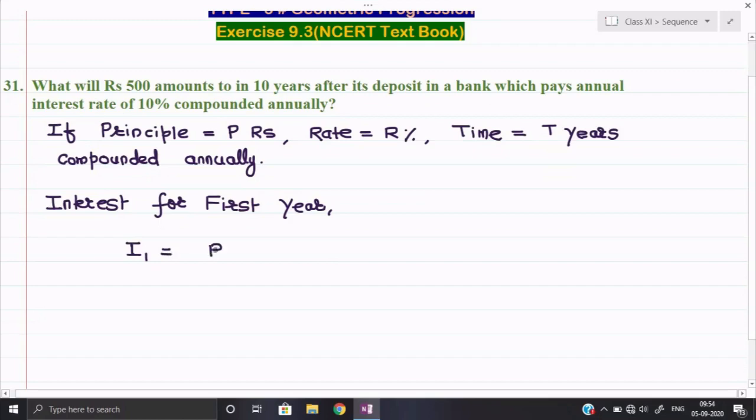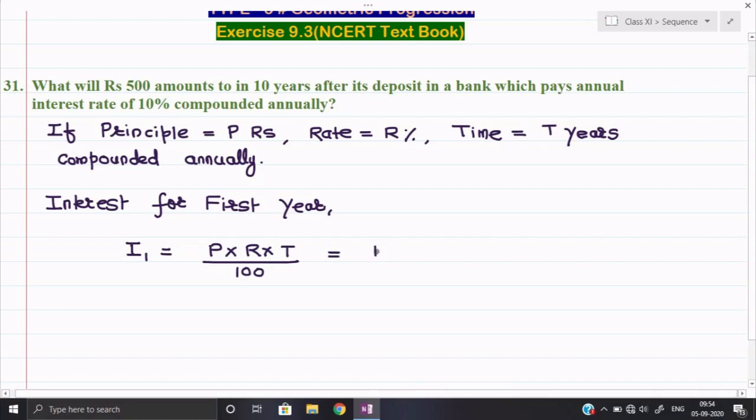The formula I am using here is P into R into T upon 100, the formula of simple interest. Because if I want to find out the interest for 1 year only, then it doesn't matter whether you apply the formula of compound interest or simple interest. So here I am applying the formula of simple interest.